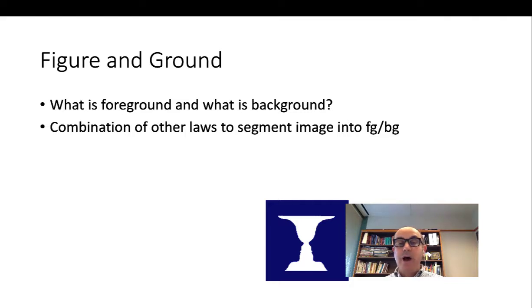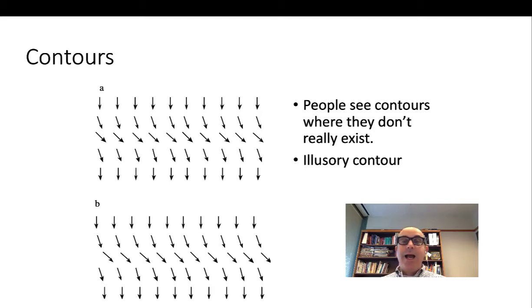Figure and ground. Again, the background makes the things look in a more concise way. So the combination of other laws to segment the image into background and foreground also plays part of our design, or how we apply design concepts into it. Contours are also part of it. What works best?